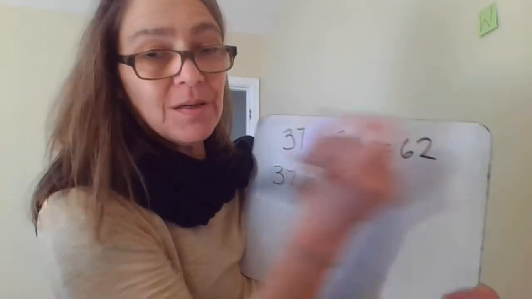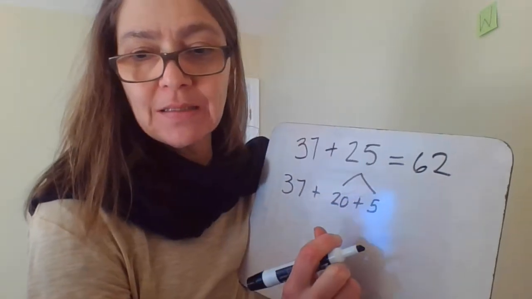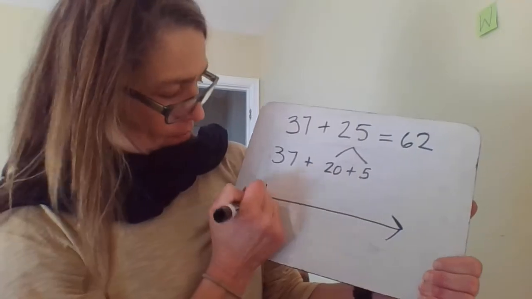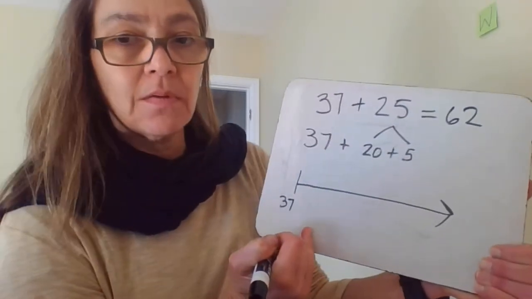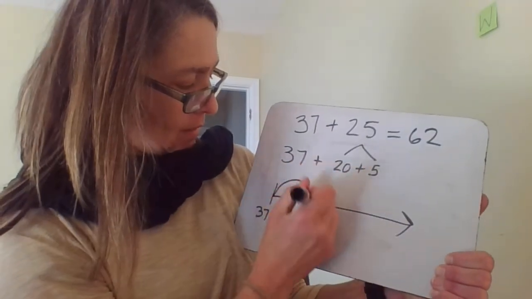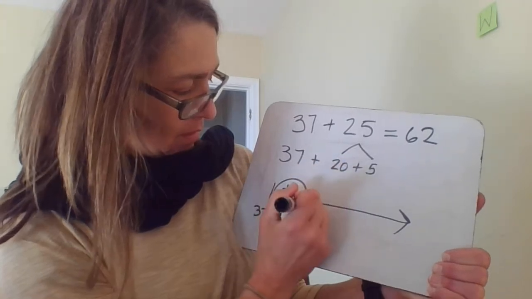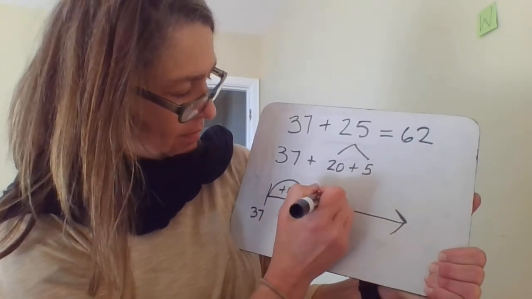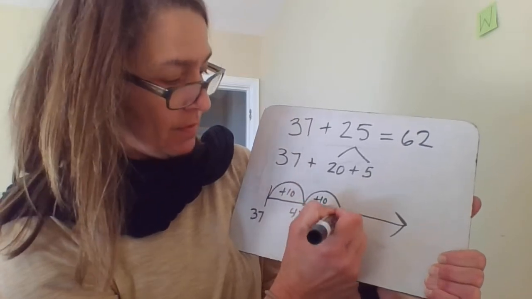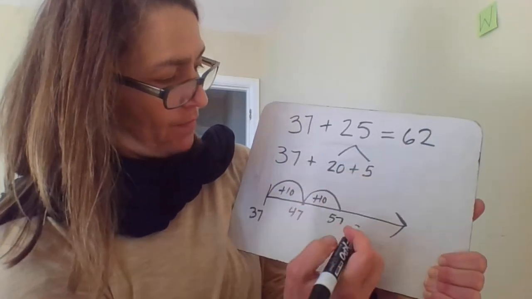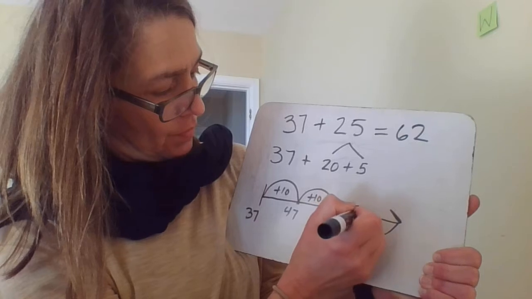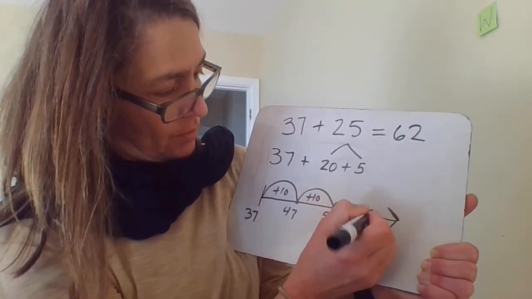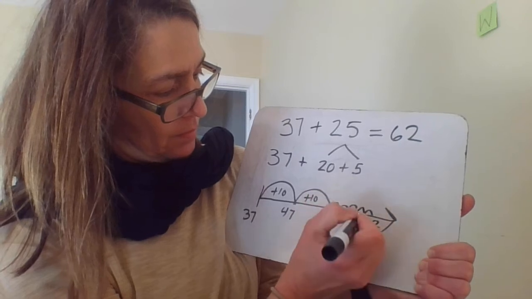Okay, so now I'm going to double check using my number line. I have 37. I am going to add 10, and I'm going to have 47, and add another 10, and I'm going to have 57, and then I'm going to add 5. 1, 2, 3 makes 60, and 1, 2 makes 62.